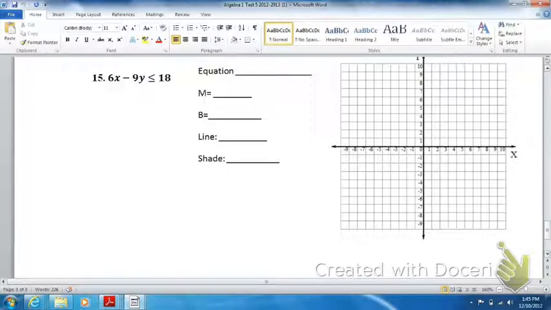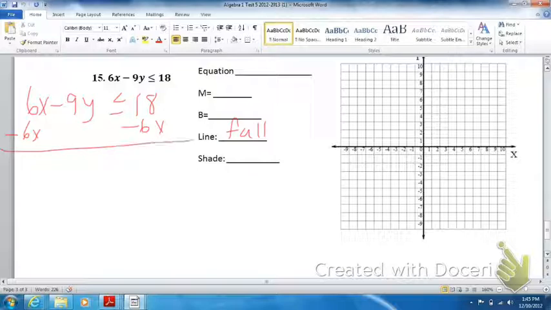And the last question here. 6x minus 9y is less than or equal to 18. Right away you should see this has a line there, so this has to be a full line. Okay, subtract 6x: negative 9y less than or equal to negative 6x plus 18. Because you cannot combine these, they're different.